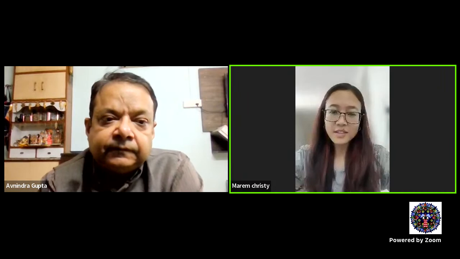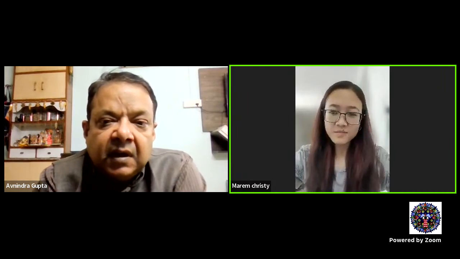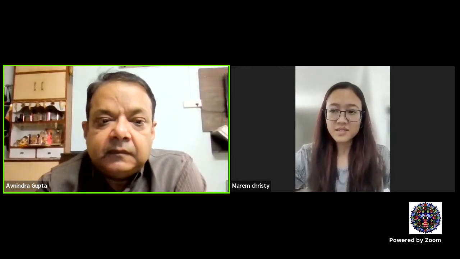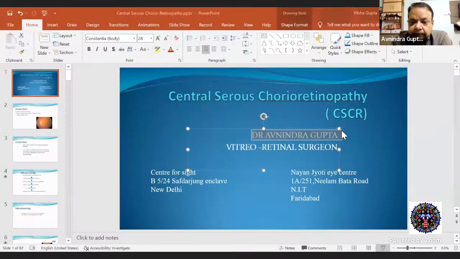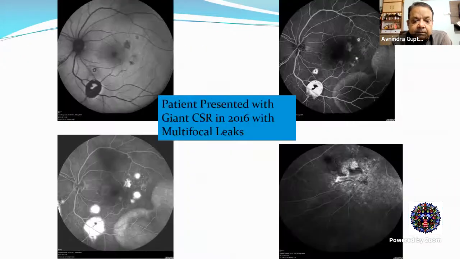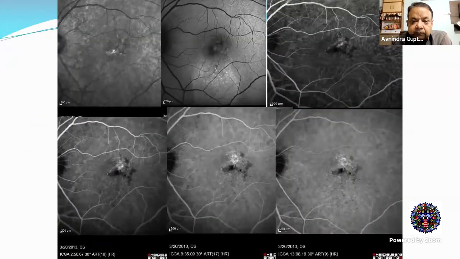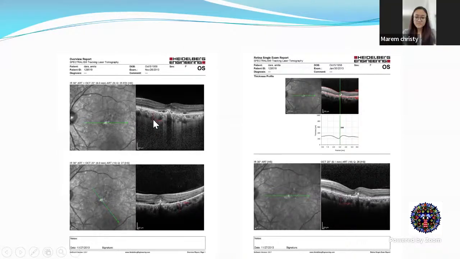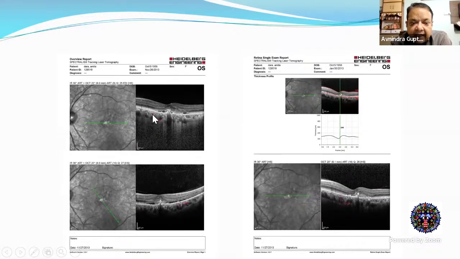How do we identify the sclera in OCT? See, you can see here, this is the sclera, and these are choroidal vessels. So a hyperreflective line on OCT is the sclera.